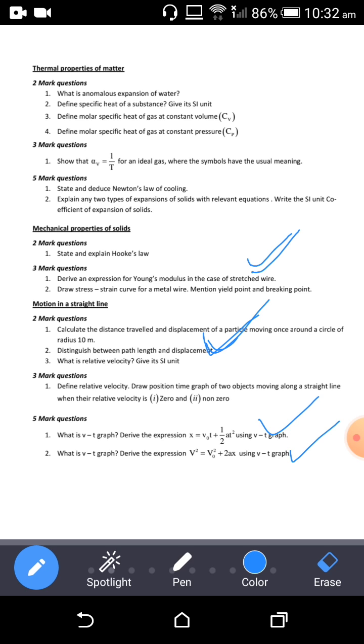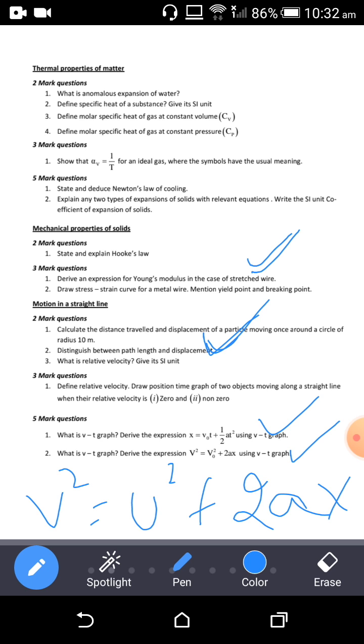1 mark will be allotted for what is a VT graph, you need to explain. The rest of the 4 marks will be allotted for v square is equal to v naught square plus 2ax. Either this question can be asked as v square is equal to u square plus 2ax or 2as, anything.